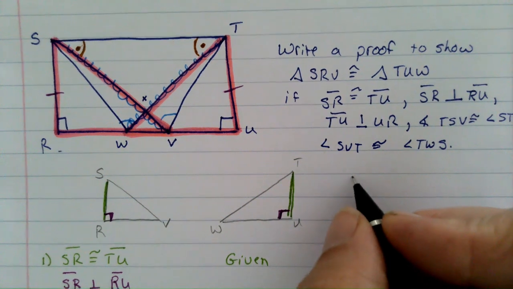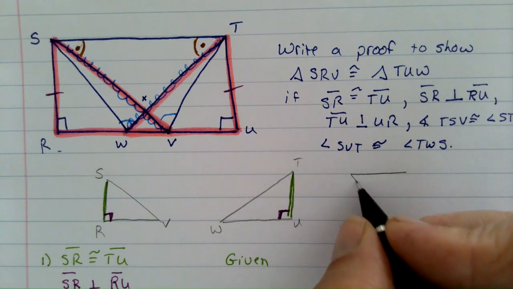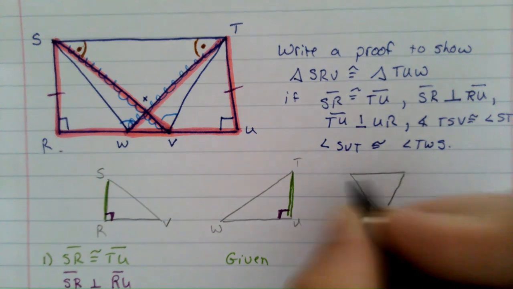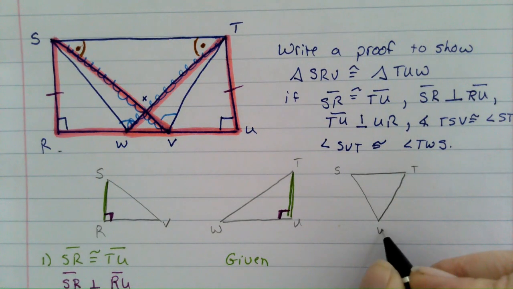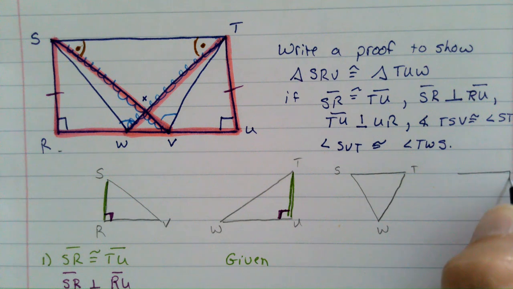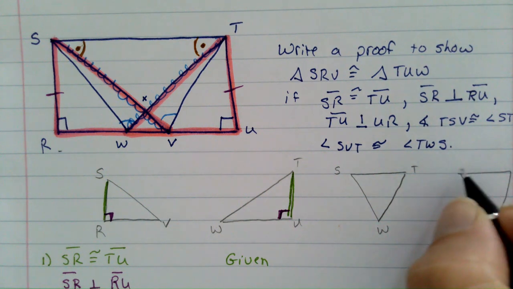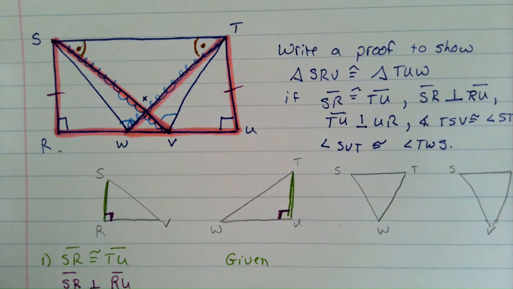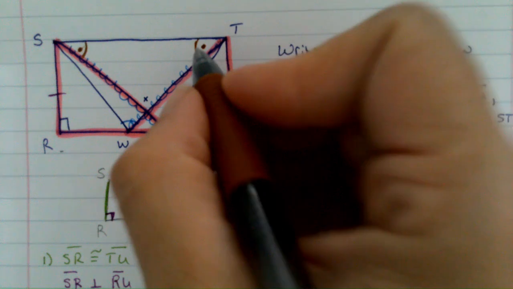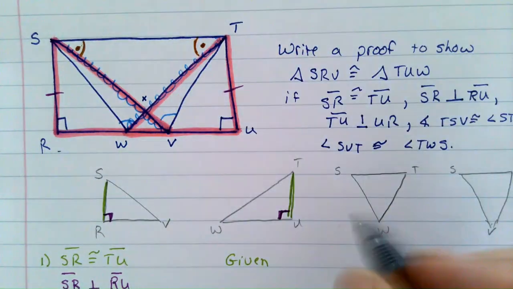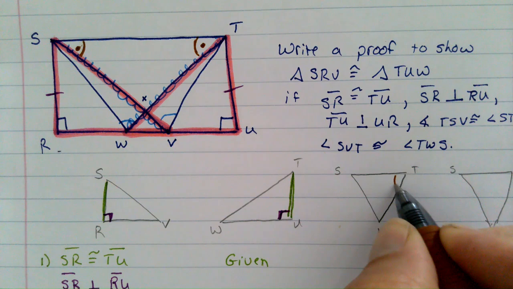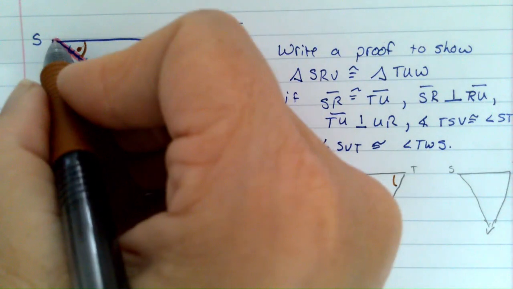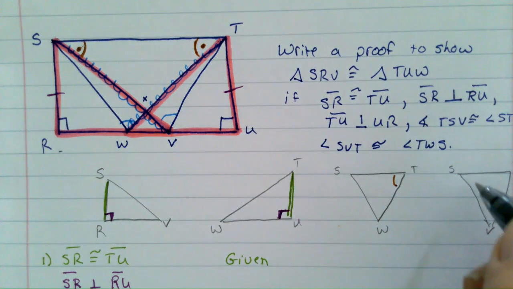So STW, STV. Now, if you notice, we marked in brown that the angle between ST and TW, here's ST and TW, matches the angle between ST and SV.